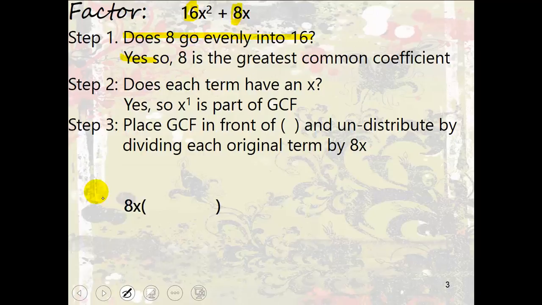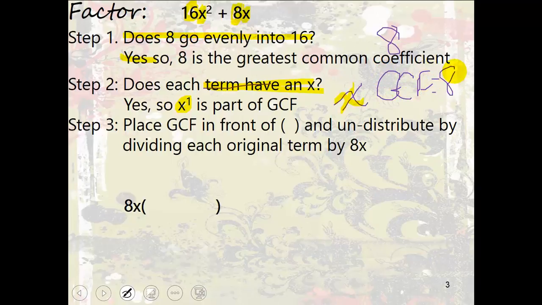my greatest common coefficient. Now, does each term have a variable x? Yes and yes. So now the lowest appearing exponent is x to the first, which we just write as x. All right, so that means my GCF has to be 8x.